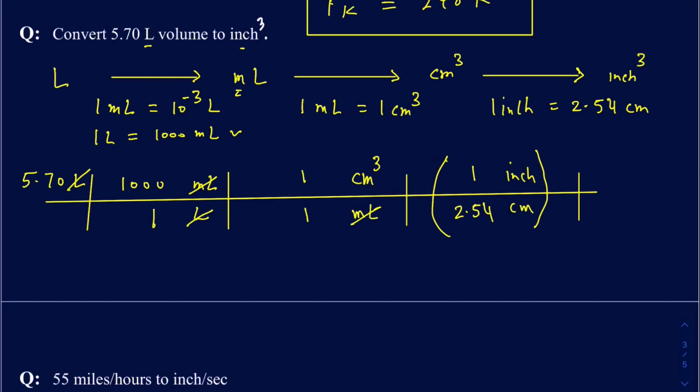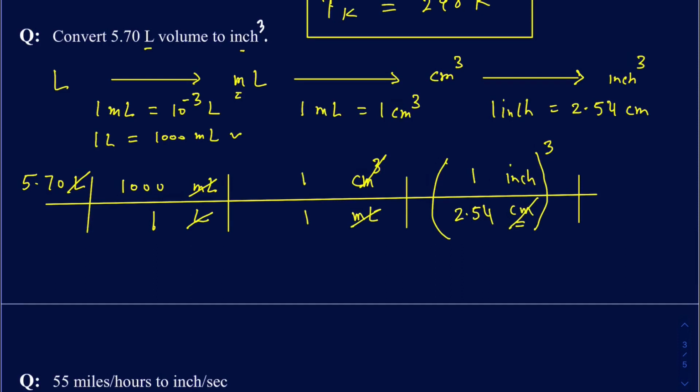Obviously, when you cube 1, it still stays 1, but when you cube 2.54, it will change to a different number. So make sure to cube the whole conversion factor. When you do that, centimeters cubed ends up on the denominator, so that will cancel out, leaving only inches cubed.